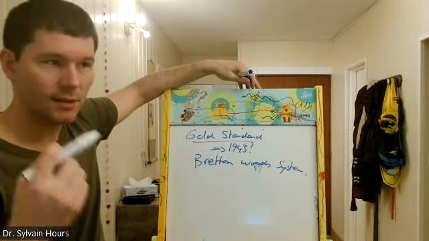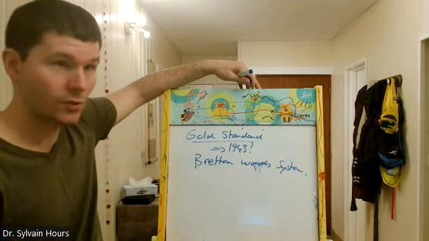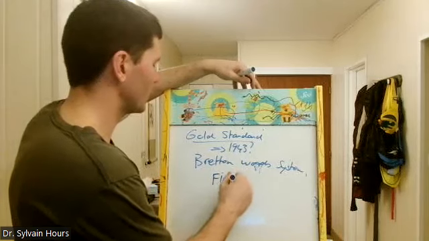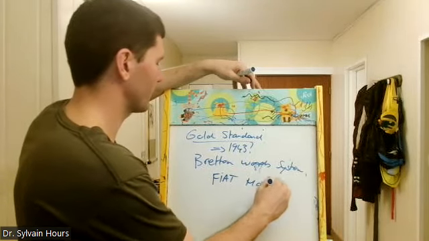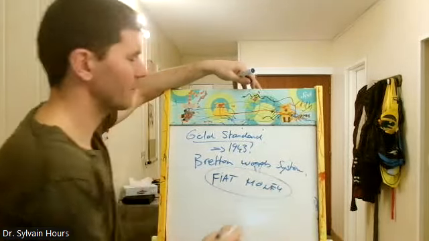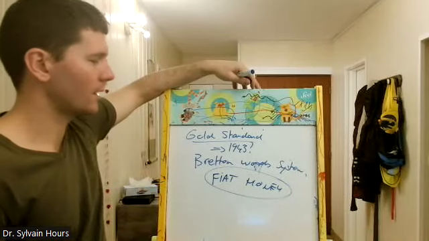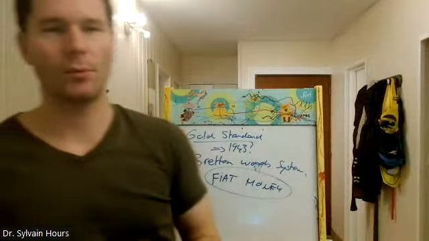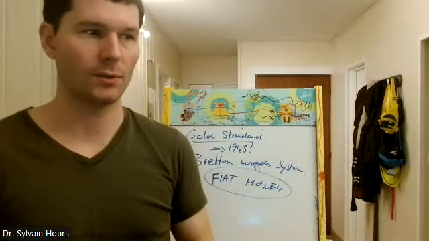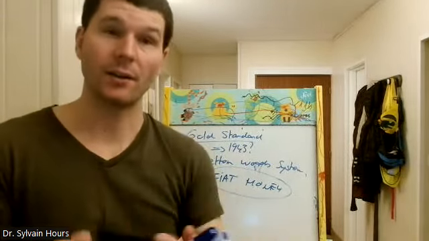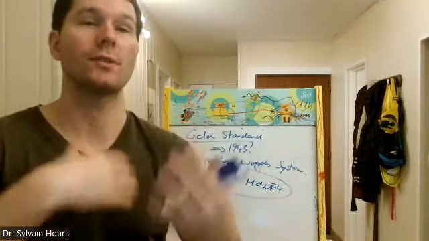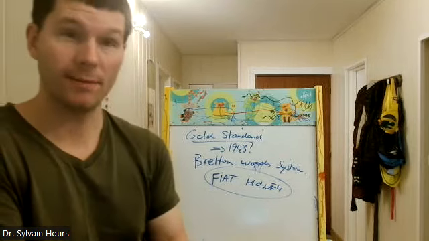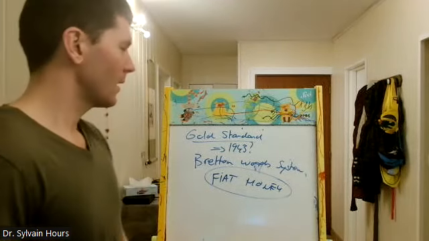The only thing that makes them valuable is that you trust they're going to be able to buy goods and services. We call that fiat money. Fiat basically means trust. So banknotes and coins are examples of fiat money, because they entirely derive their value from the trust that you have in the ability of those pieces of paper to buy valuable goods and services.